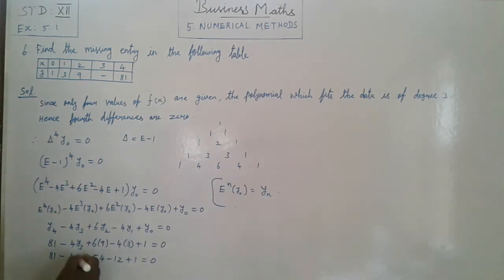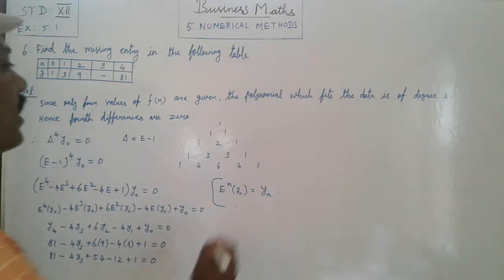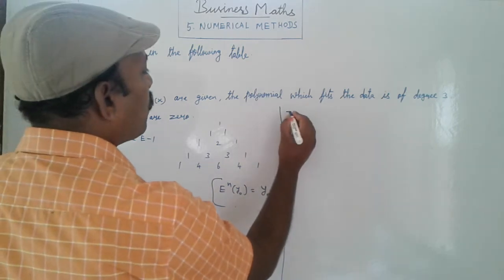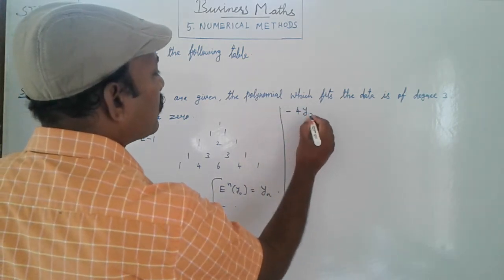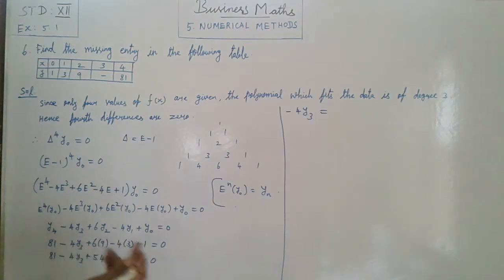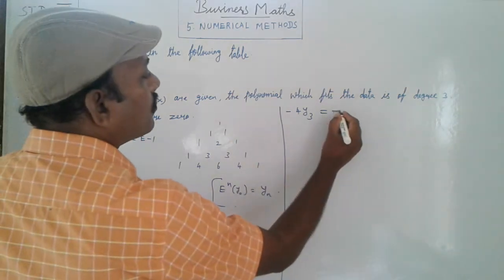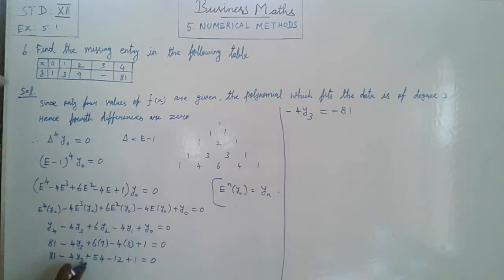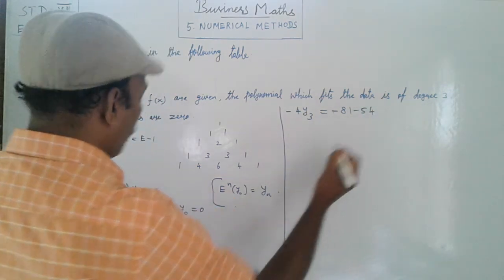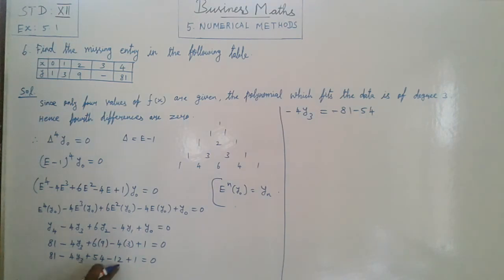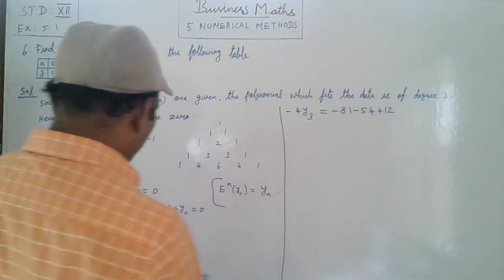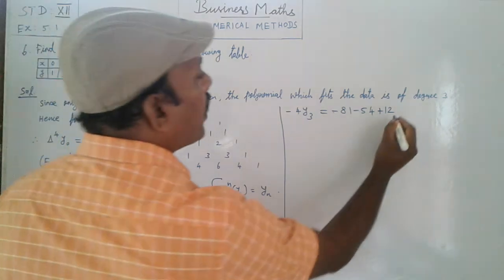So except the variable, the remaining we should take to the right hand side. Minus 4y3 equal to minus 81 plus 54 taken to the right hand side, then minus 54, minus 12 taken to the right hand side becomes plus 12, plus 1 taken to the right hand side becomes minus 1.